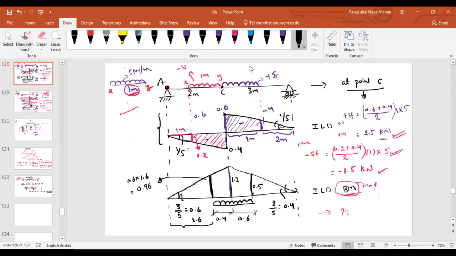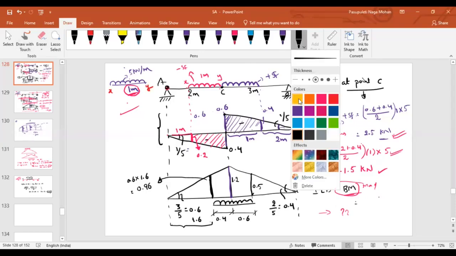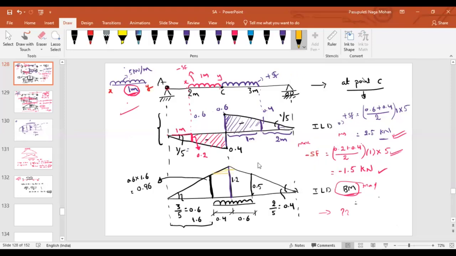Now, what about the maximum bending moment then? Area under this curve. So what about the area under this curve? There are two trapezoids, right? First trapezoid and second trapezoid. What is the area of this trapezoid?